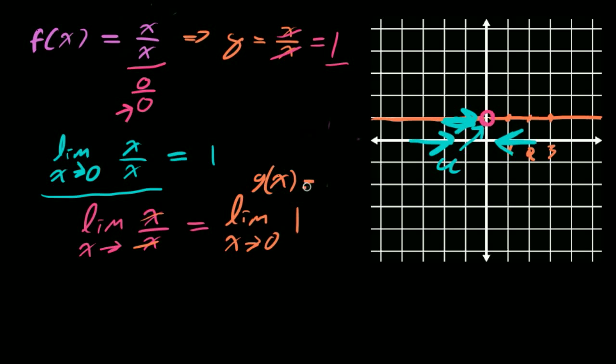If g of x was just equal to 1, for any x you give me, the output's always going to be 1. x could be 1,000,000, output would still be 1. x could be 0, output would always be 1. So the limit of g of x as x approaches 0 is always going to be 1. Anyway, that's a little bit of an introduction to limits.